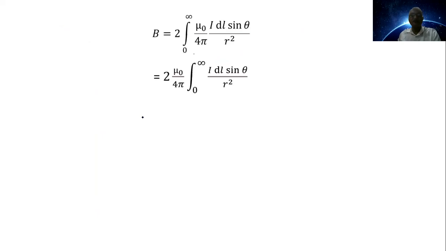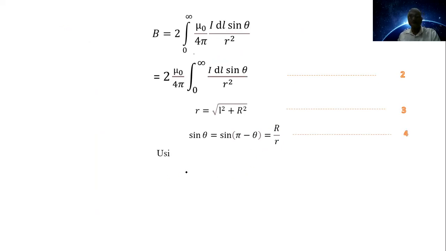Similarly, we can write sin theta equals sin of pi minus theta, and that is equal to r upon R, front side upon hypotenuse.